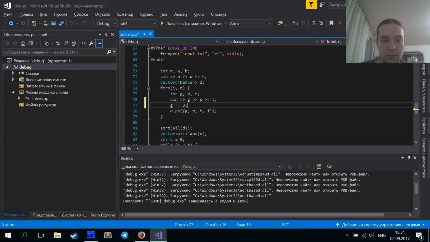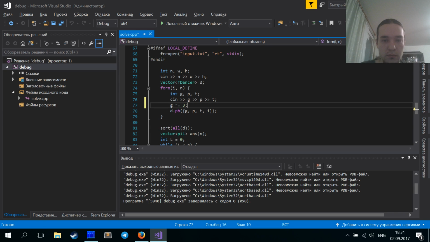Like, it can be vertical because they stand on the vertical wall, or because they can just move vertically. Does it work? Yeah, it seems so.